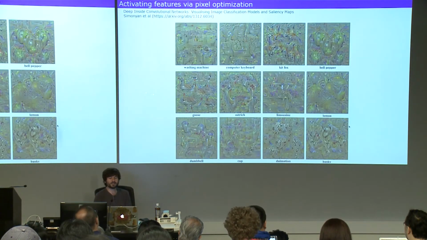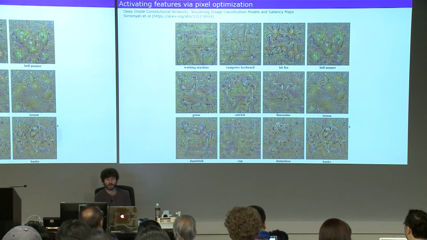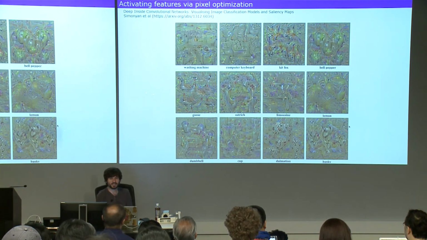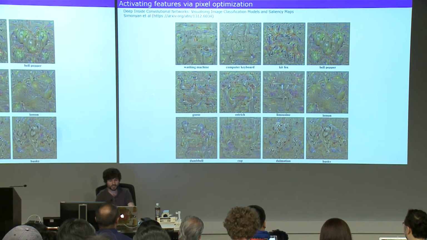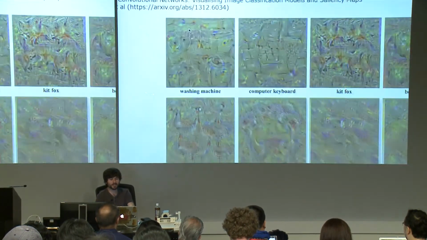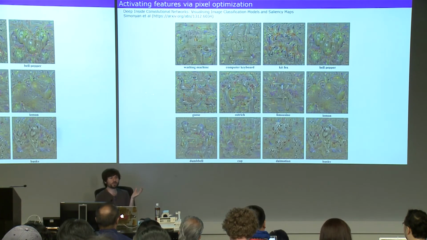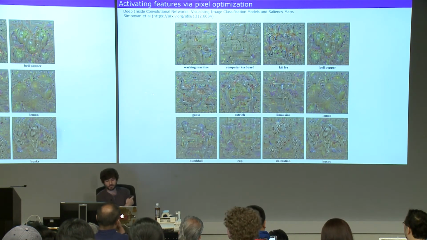That was asked by scientists starting in, let's say, 2012, and they did experiments where they said, maybe we can synthesize images which maximally activate a particular neuron. One neuron that you might want to activate is the classification neuron that has the label assigned to it. For example, they have this data set that has things like washing machines and computer keyboards and kit foxes and so on.